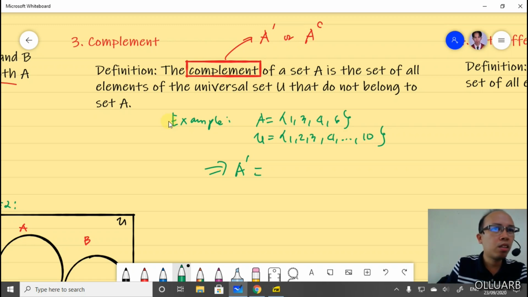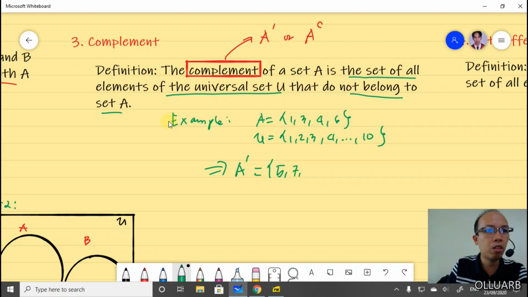It says here that it is the set of all elements in the universal set U that do not belong to set A. So which of the elements in the universal set do not belong to set A? Remember that 1 belongs to set A, 2, 3, 4, and so on. But here 5 does not belong to set A. 6 is here, 7, 8, 9, and also 10.